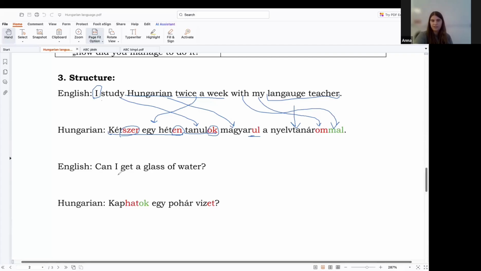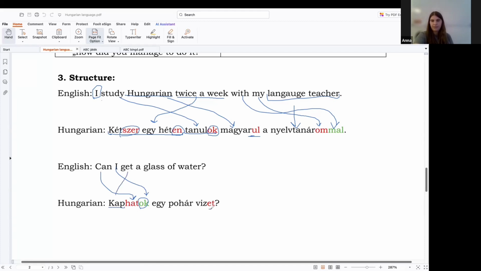And then here's another example. Can I get a glass of water? As you can see, there is no I. Again, this ok refers to I. This hat is which kind of means may I. Then the cup. Now in this case, it's a get.